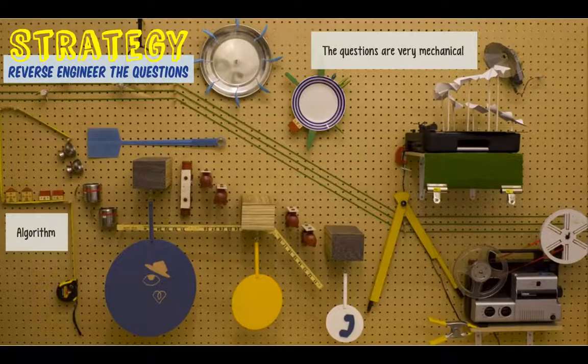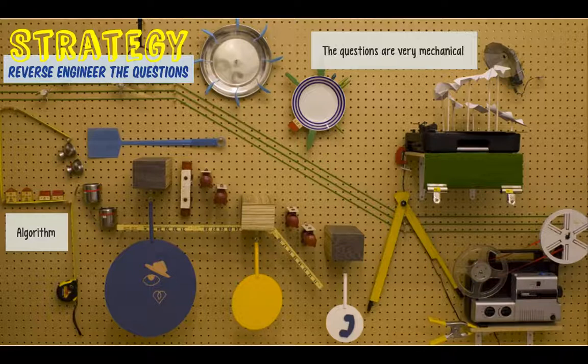All right, the next thing that you need to understand is that the way they form these questions is very mechanical and it always follows a very distinct pattern because they can't just create questions randomly. They have to be able to justify why they create these questions. So what you're going to do is reverse engineer what they were thinking when they made these questions.